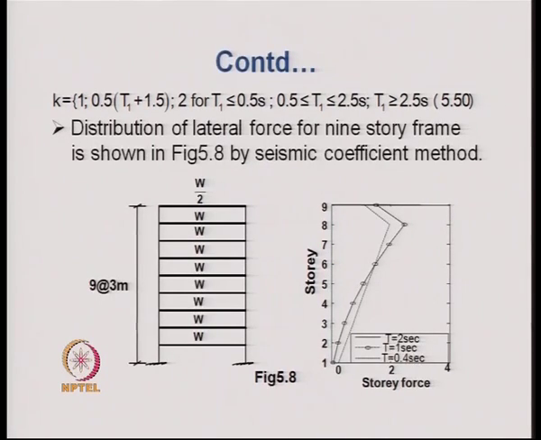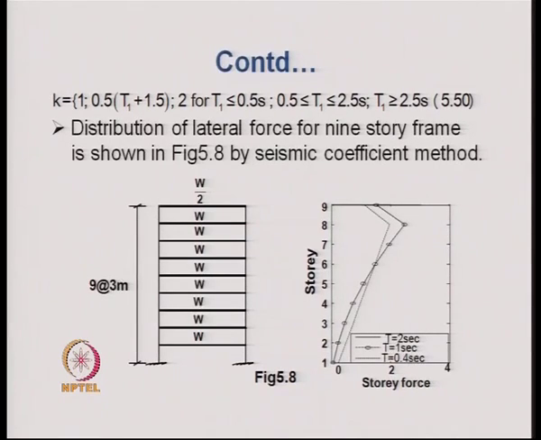The first is valid for time periods less than 0.5 second, where K is taken as unity. For time periods between 0.5 second and 2.5 seconds, the value is taken as 0.5 T1 plus 1.5, and when T1 is greater than 2.5 seconds, the value of K is taken as 2.